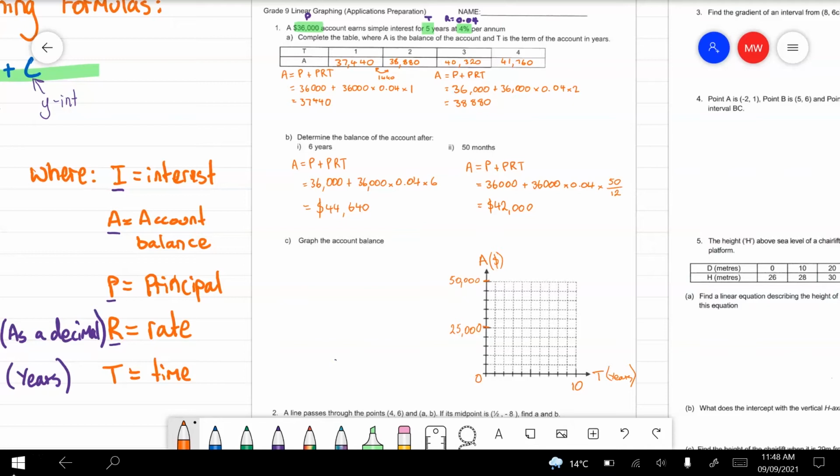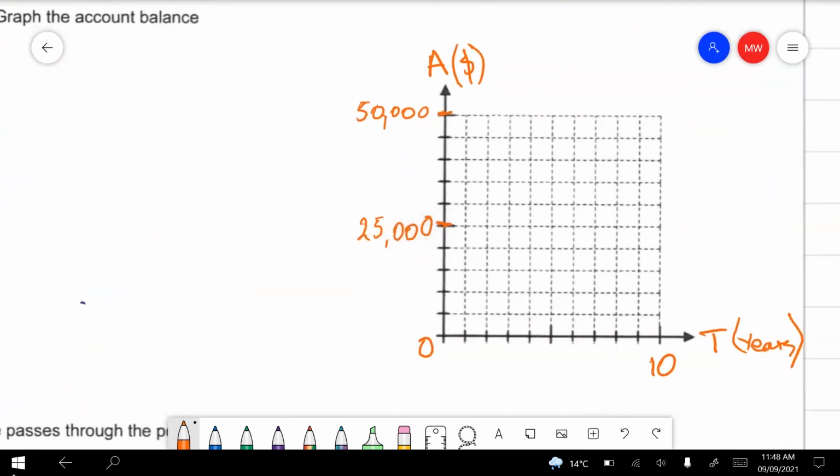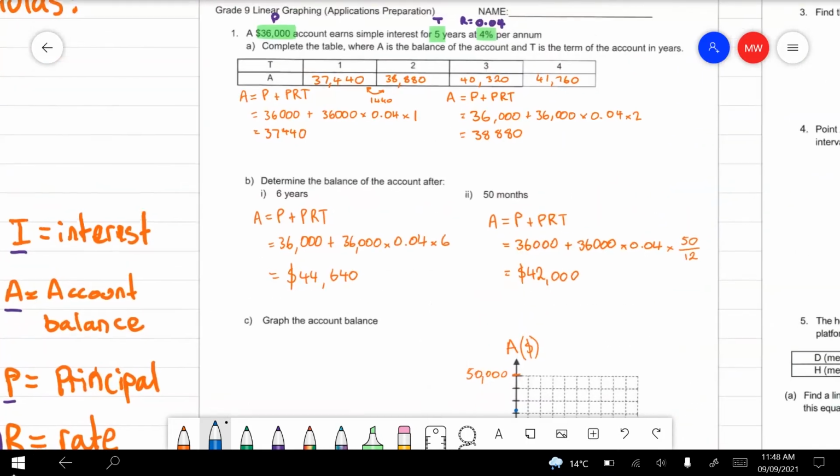Okay, and now we've got a constant, so we'll start to put this in. Our principal amount was $36,000. So that's what our y-intercept is going to be, which is going to be roughly there. And then all I need now is just one other point. Remember that this is linear. I don't have to go through and mark every single point. So let's just go and choose one at random up here.